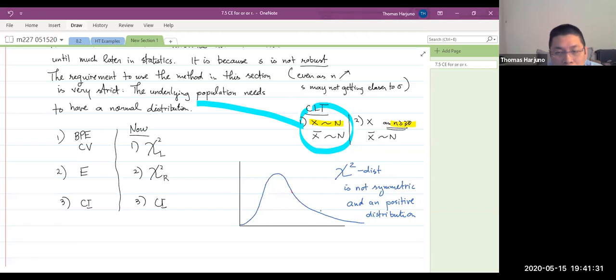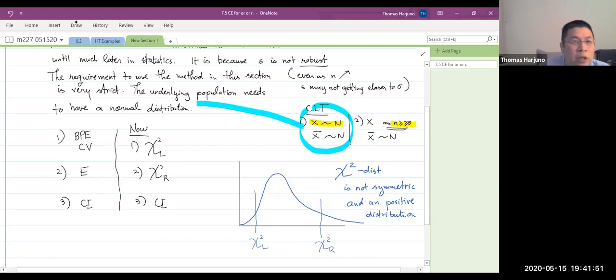Right tail is the tail here, such that the area to the right is what, and then left tail is here. This is chi-squared right, and this is chi-squared left. You know what? In my step 1, 2, I happen to write it in the wrong order. It's supposed to be chi-squared right first, and then chi-squared left.